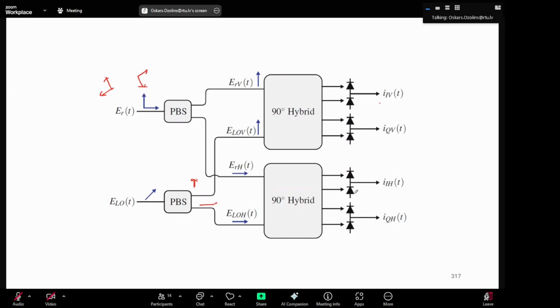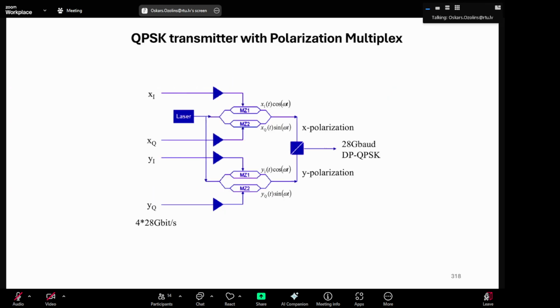Of course, your receiver and transmitter are much more complicated, so it makes sense to have this degree of complexity for long reach communication systems where you can compensate for effects like chromatic dispersion. To some extent, you can compensate for nonlinearities as well. And different impairments in the transmitter and receiver can also be compensated in digital signal processing. So right, I think we are slightly repeating.